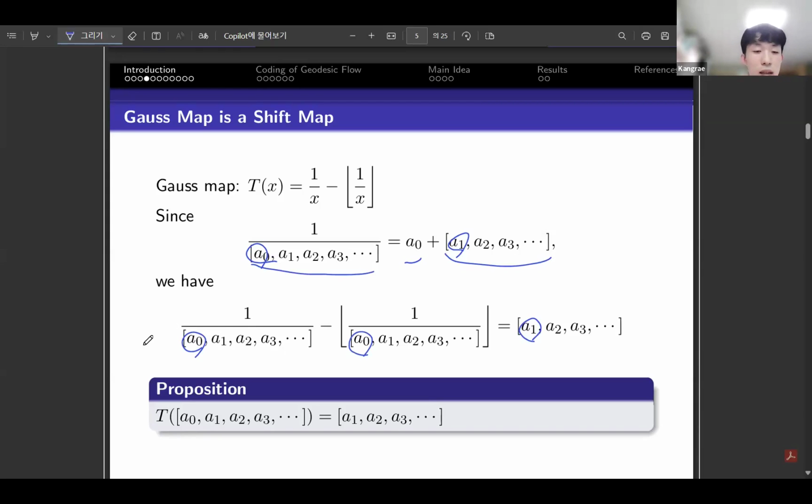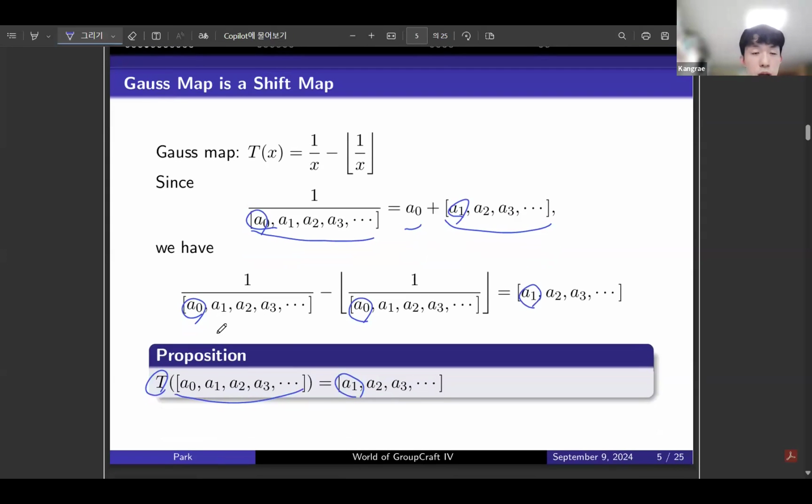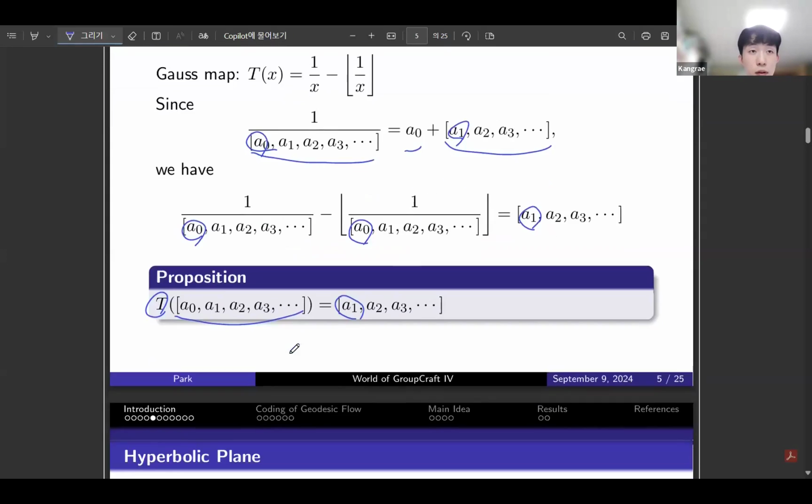So we see that the Gauss map T can be seen as a shift map. From the left, it starts from a0, while from the right, it starts from a1. So the sequence shifts.